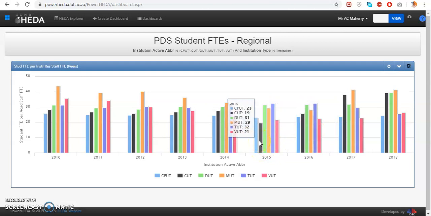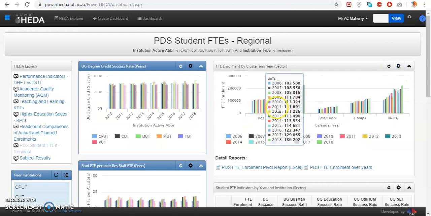In 2015, they were sitting at 19 students per instructional researcher, and now in 2017, they're sitting at 38. So you can see within the universities of technology, in particular MUT, DUT, and Central University of Technology, there's been an increase in the student per staff FTE ratio.